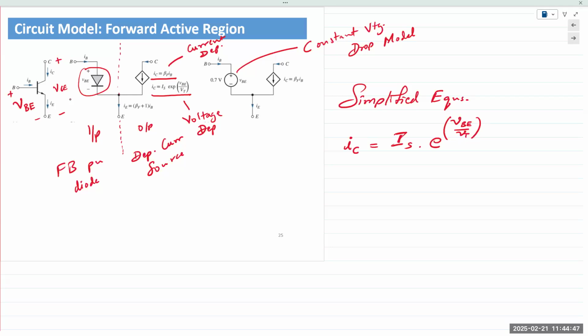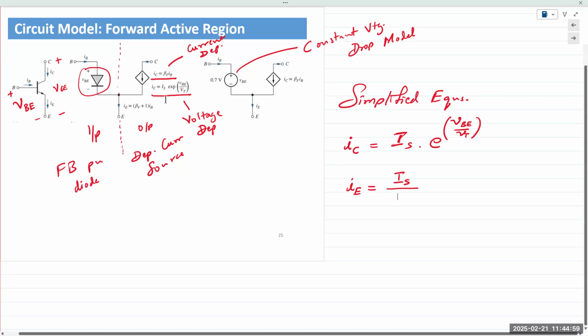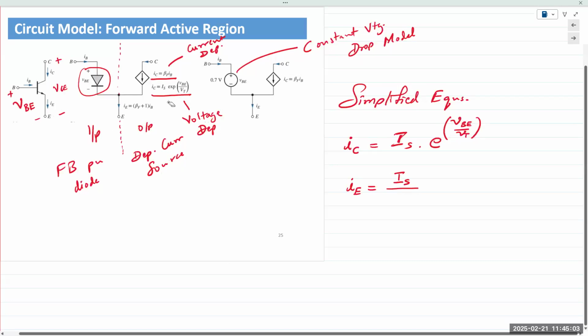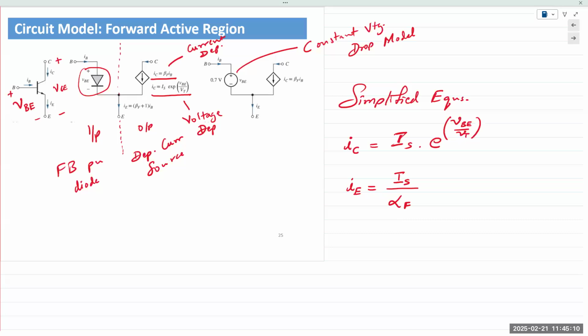And IE can be written as IS over alpha F times e raised to VBE over VT.